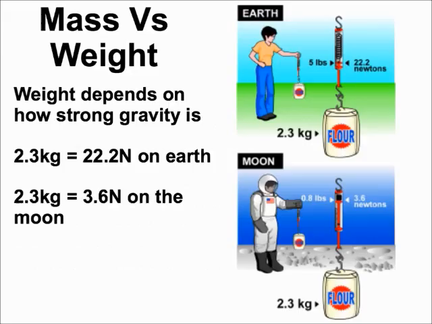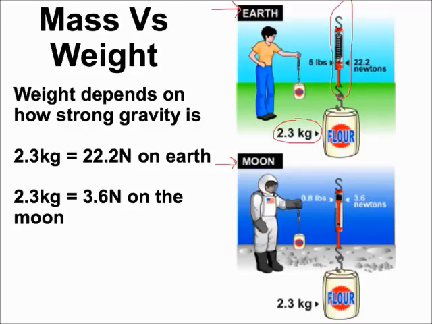So here's a slide that we had before that hopefully helps you understand a difference between mass and weight. And that's comparing both on the Earth versus on the Moon. And this example uses a bag of flour that has a mass of 2.3 kilograms. So it has 2.3 kilograms of stuff in it. Now, how you determine the weight of this is you would use a force meter.